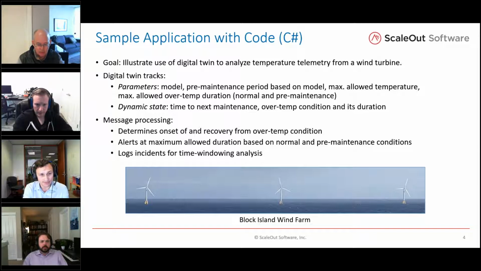We'll send an alert back to the management team, and we'll also be able to send a specific command to shut down the turbine or change some of its parameters. And then we can, of course, log the incidents as they come for time window analysis. So we can know, for example, how many incidents per hour we have for an individual turbine, and then we can use aggregate analysis later to derive global knowledge about maybe the characteristics of each farm we have.